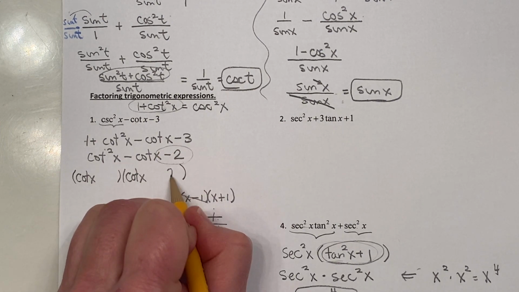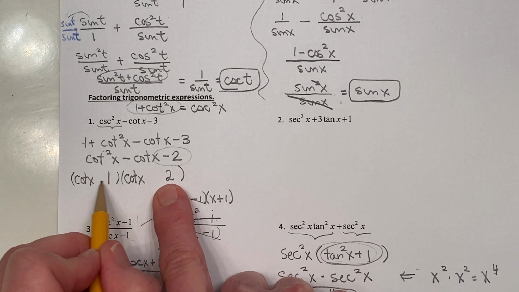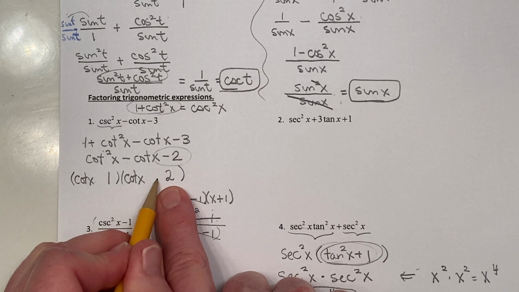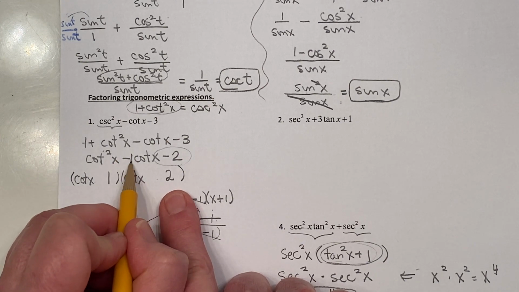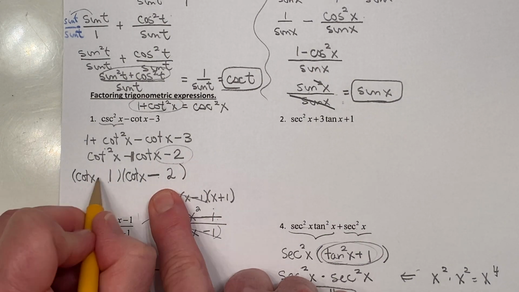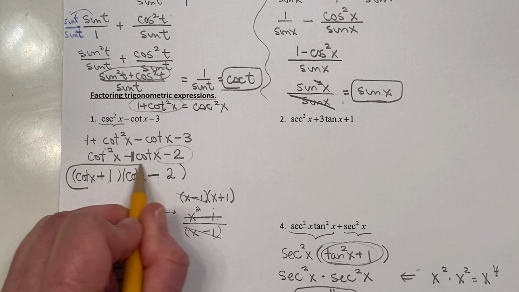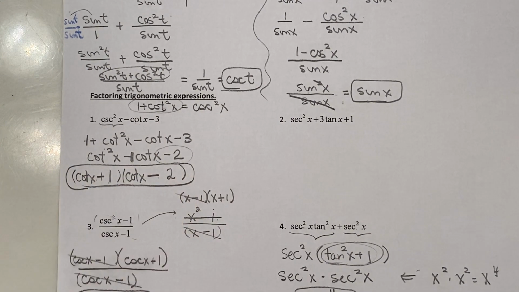Factors of 2 are going to be 2 and 1. One of these is going to have to be a negative and one's going to have to be a positive. Well, because I need a negative cotangent in here, the bigger number should have the negative in front of it. Check your work by foiling. You should see that it results in this previous line.